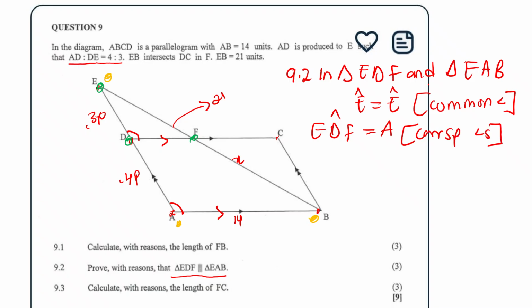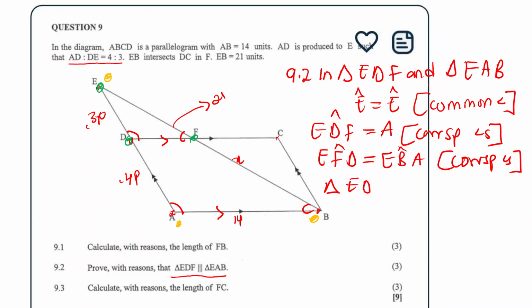We can also say that angle EFD is equal to angle EBA, the reason being it is still corresponding angles. Very good. Therefore triangle EDF is similar to triangle EAB.